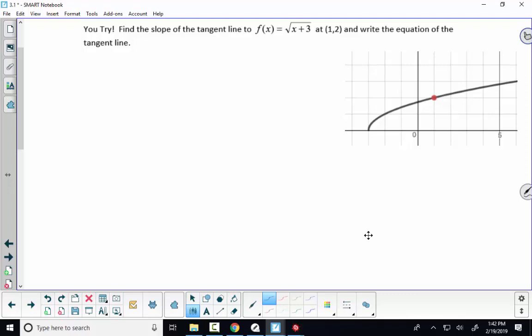You're saying x minus this x value, y minus this y value.